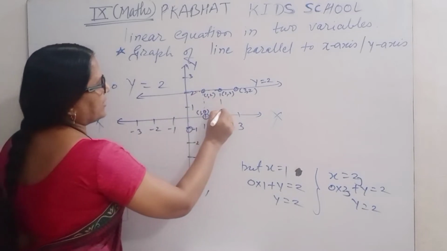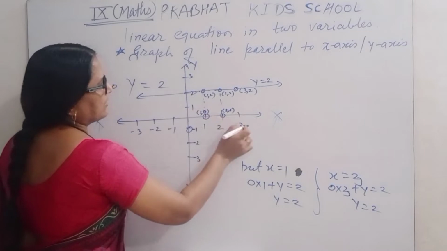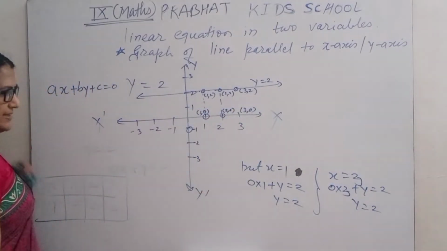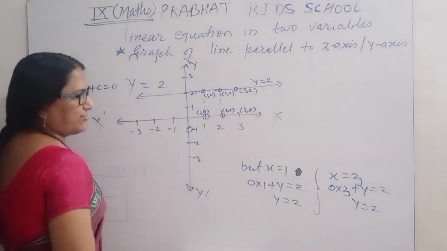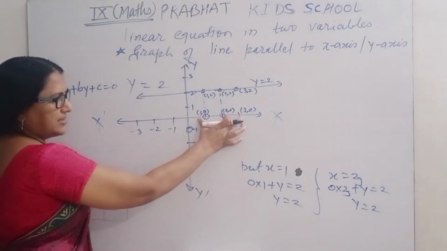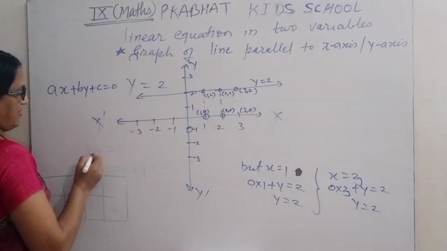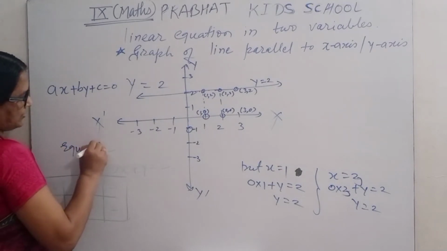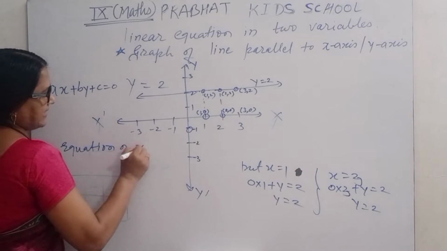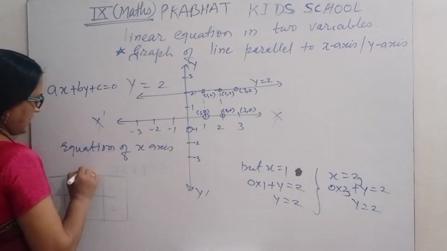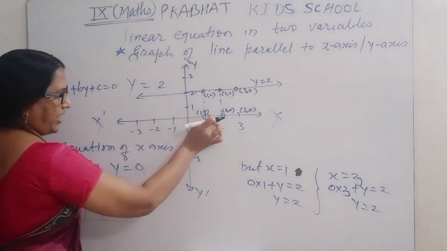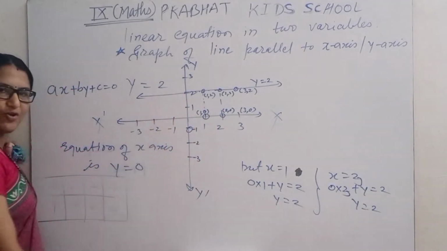The second point is (2, 0), the third point is (3, 0). It means on the x-axis the y coordinate is 0. That is why the equation of the x-axis is y is equal to 0. Why? Because for every point y is constant.